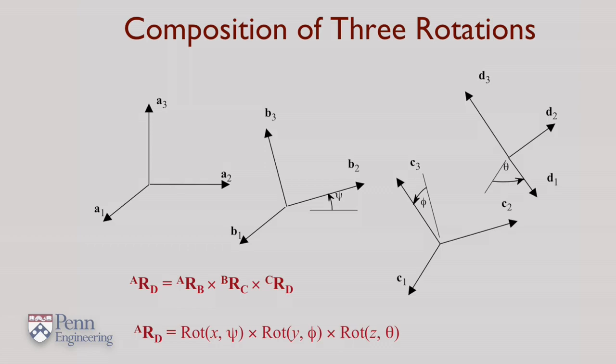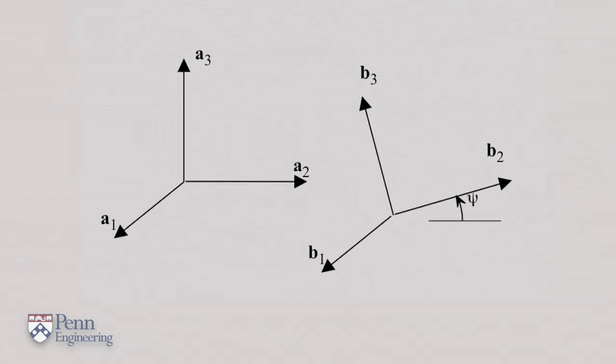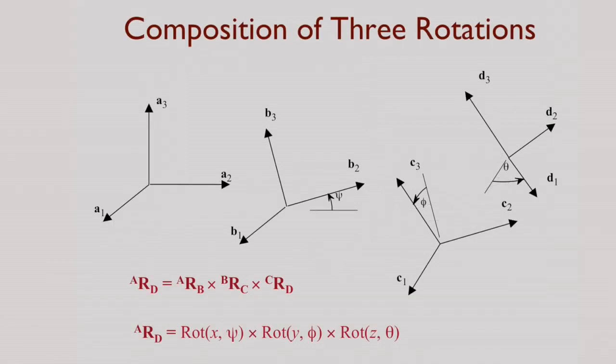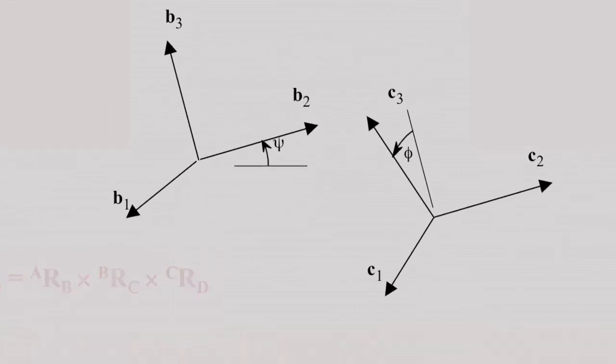So in this picture, you see that the first rotation about A1 is through the angle psi. It's a rotation about the x-axis, and that allows you to get to B1, B2, B3. The second rotation is about the vector B2, and that gets you to C1, C2, and C3. That second rotation is through the angle phi.